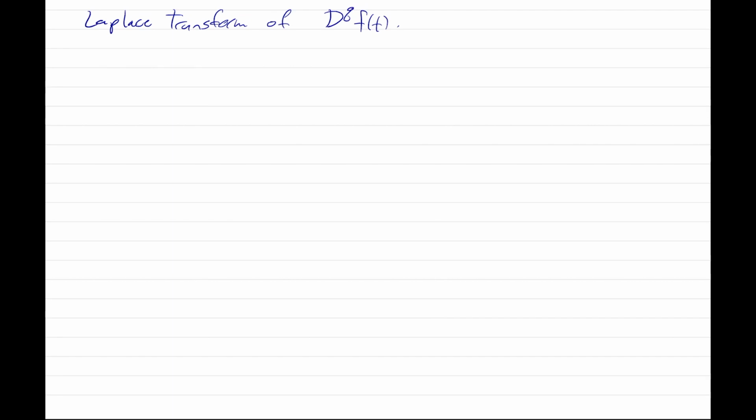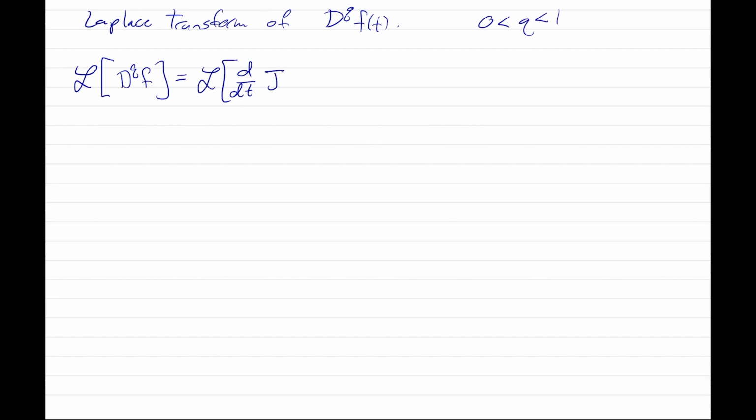What do we get? I get the Laplace transform of d^q of f, which is the Laplace transform of the derivative with respect to t. Let's just keep q between 0 and 1, so we only have to worry about one derivative on the outside. You'll get the idea as we go.